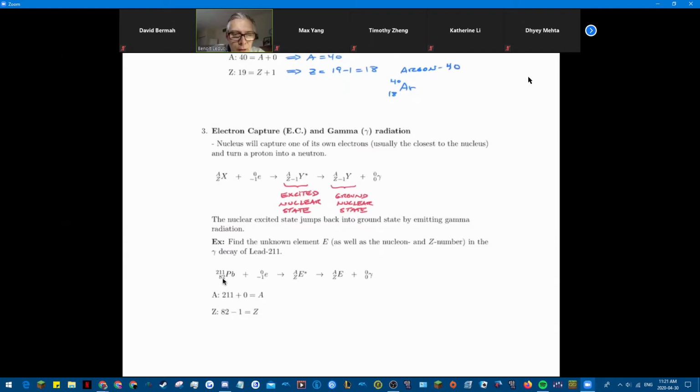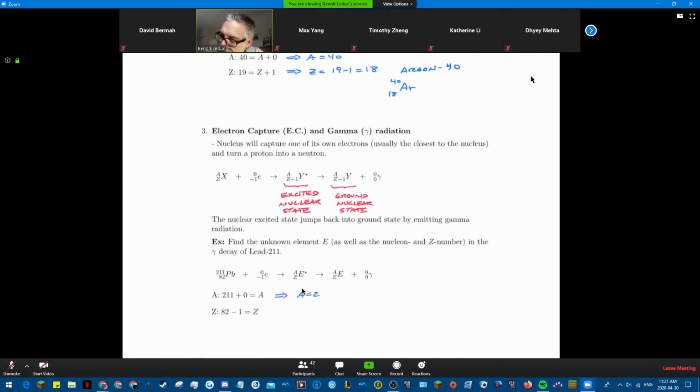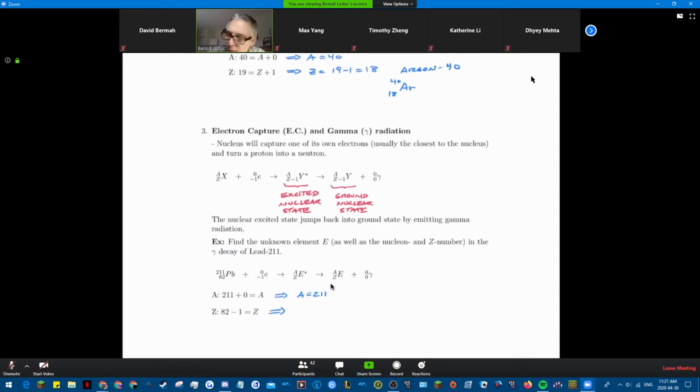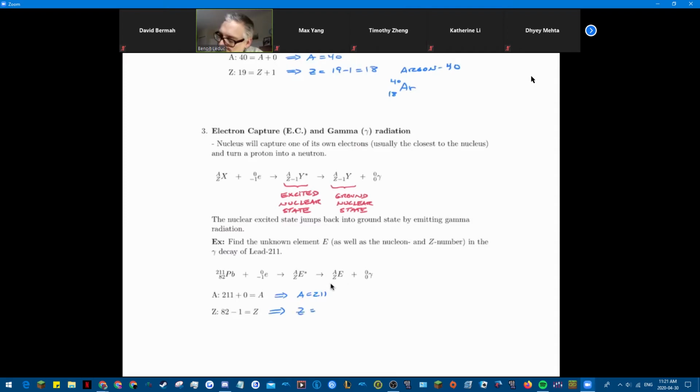So by conservation of nucleon number, 211 plus 0 is equal to A, plus 0. So A, of course, is 211. And then by conservation of charge, you have 82 plus minus 1. So 82 minus 1 is equal to Z. That gives you 81.